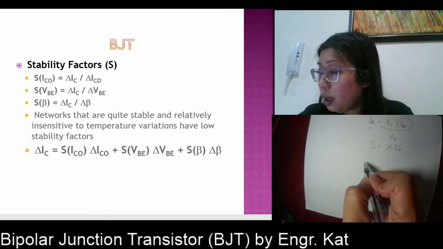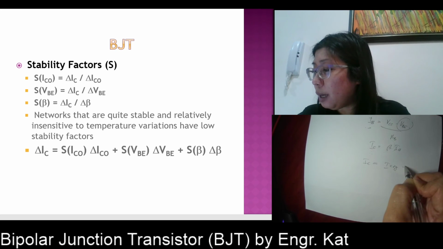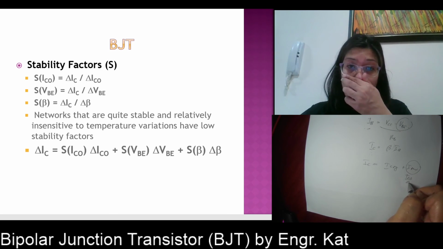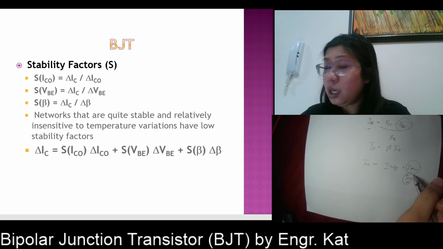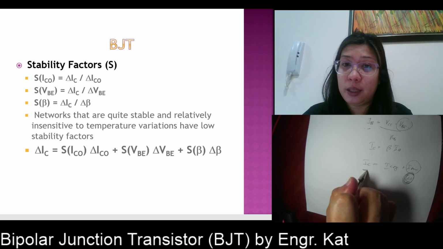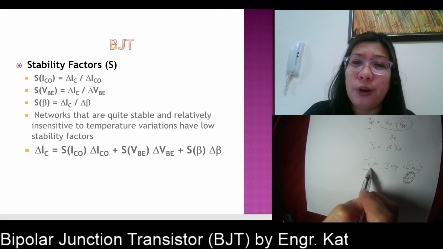And also, your IC is composed of two things: your IC majority plus IC minority. So IC minority are your leakage currents or your ICO. So if your ICO increases, likewise IC will be affected. So all of those three are being reflected in your IC.